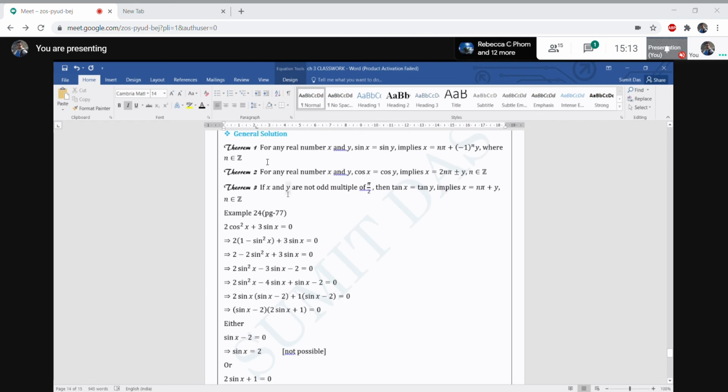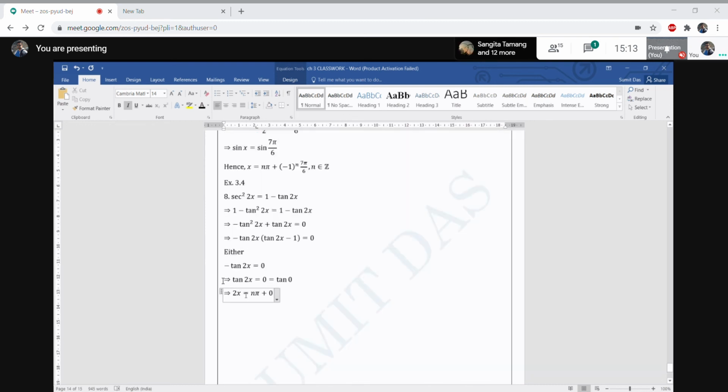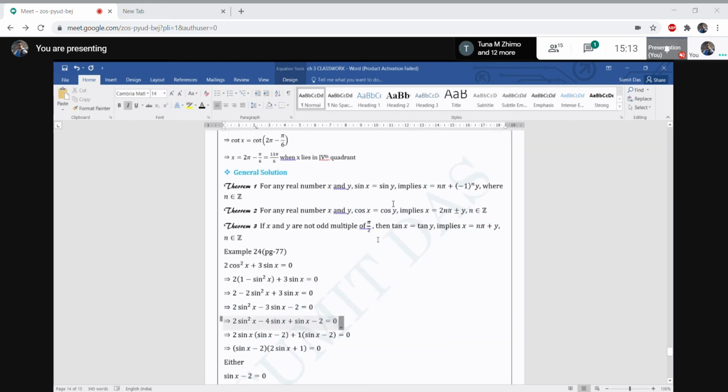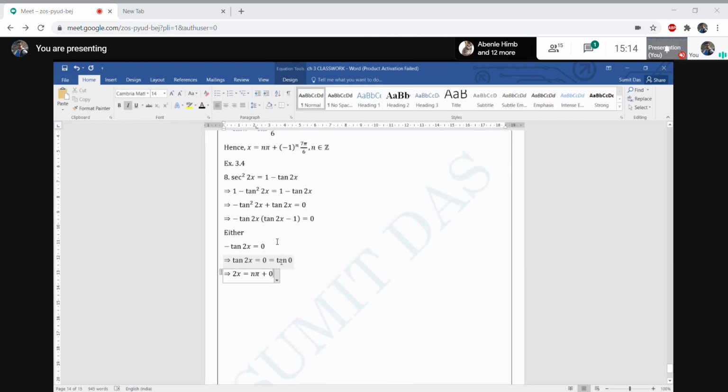Look, if x and y are not odd multiples of pi by 2, then tan x equal to tan y implies x equal to n pi plus y.